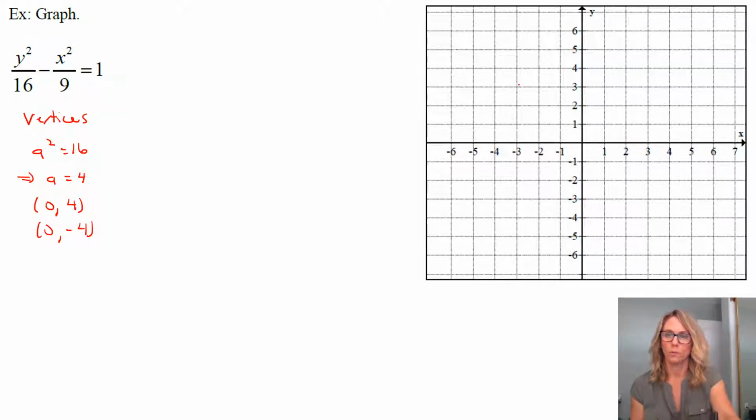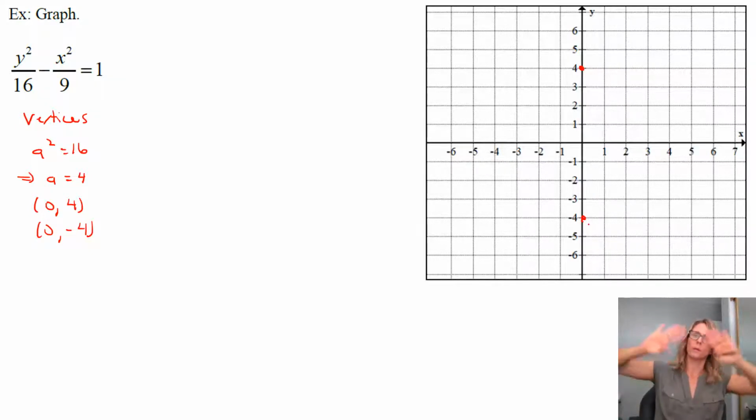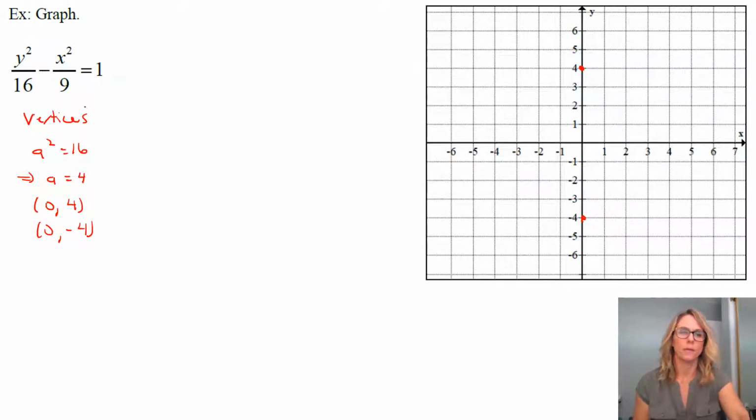Go ahead and graph those, just put those dots on here and here. So already you know that the hyperbola is going to come up like this, and the hyperbola is going to go down like this. That's in contrast to the ellipse, which instead of going up, it comes down, instead of going down, it comes up. That creates the ellipse. So that subtraction sign is really the key thing that tells you that you have a hyperbola and not an ellipse.